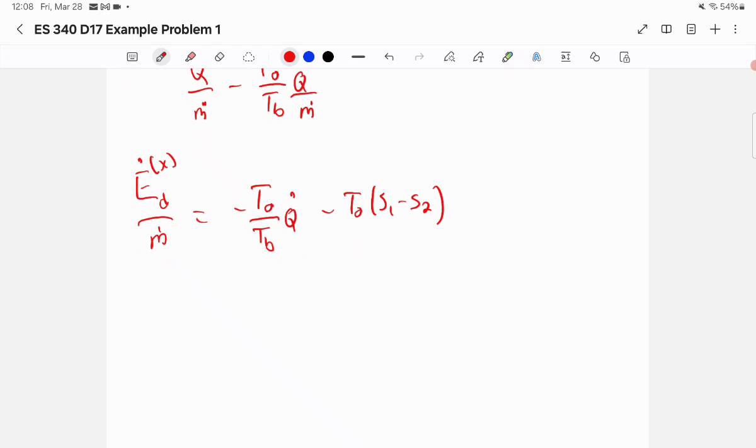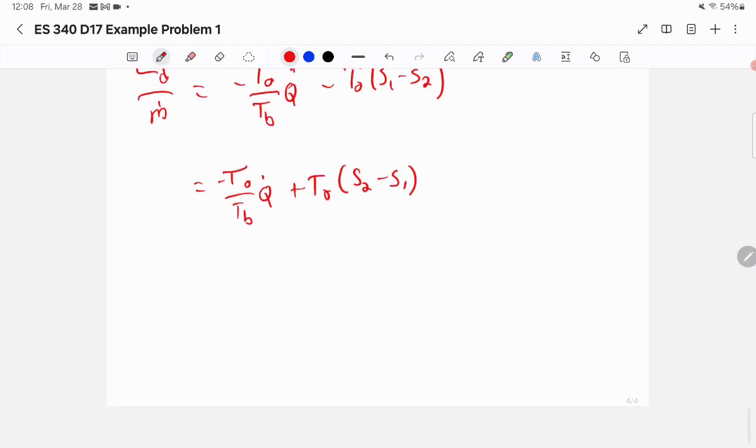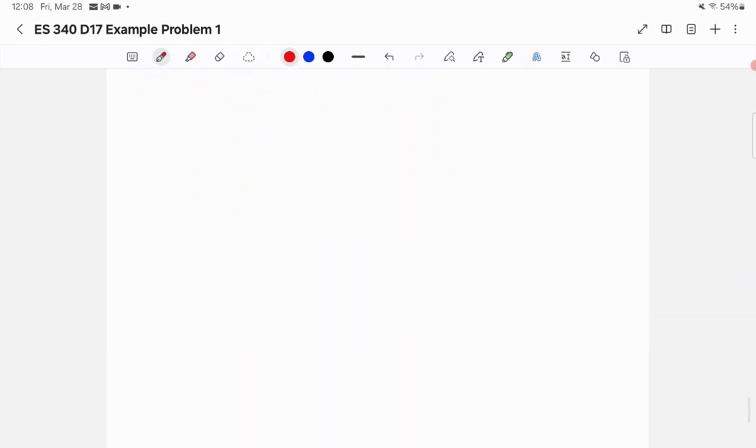Basically, this is the same thing as T naught times s2 minus s1, and now we have this written in a nice way.